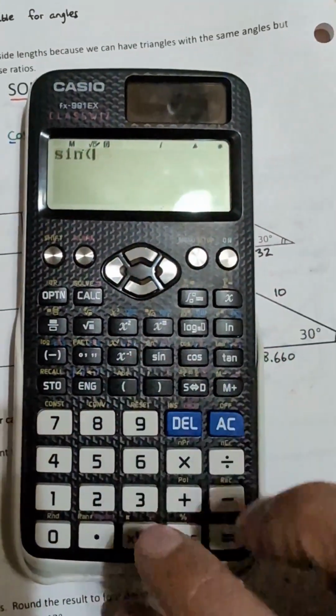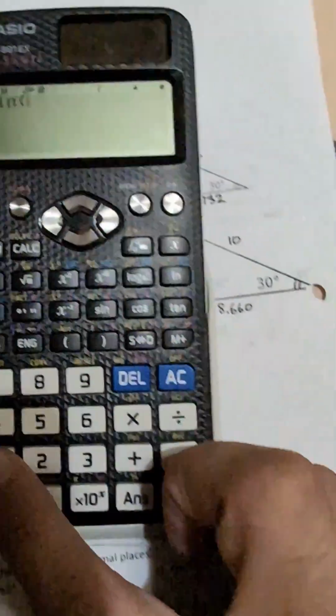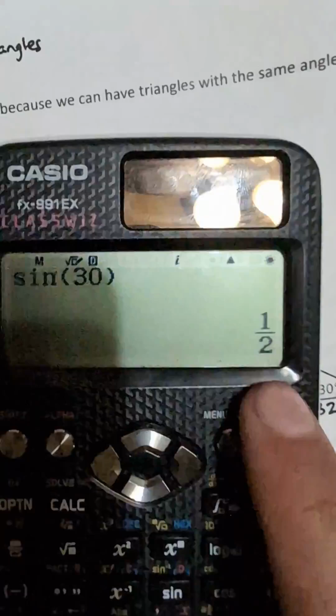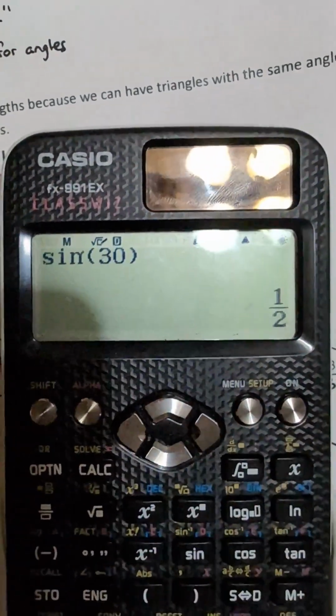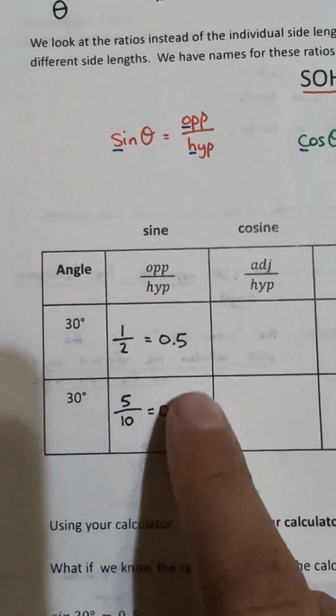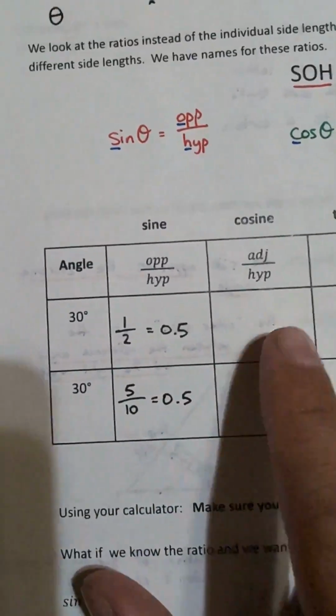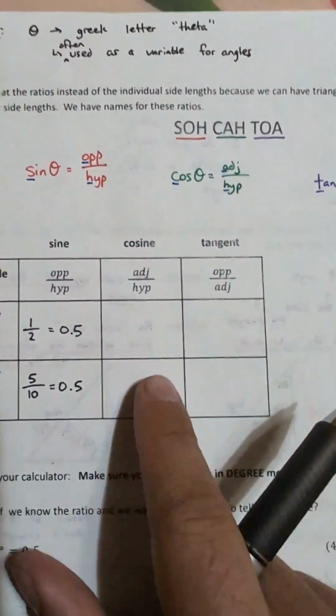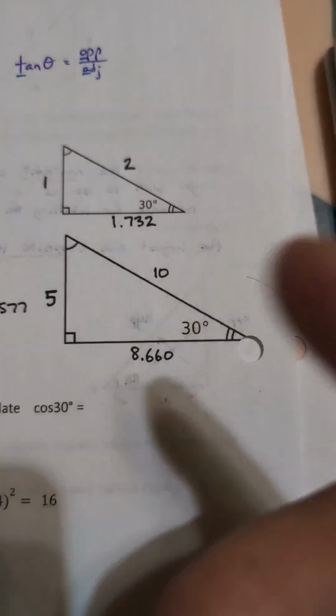I can check that on my calculator if I put in sine of my angle 30. It's going to tell me my ratio of 1/2 or 0.5. So your calculator knows these ratios. I'm going to quickly fill in the rest of this, but yes, all the ratios should be the same.